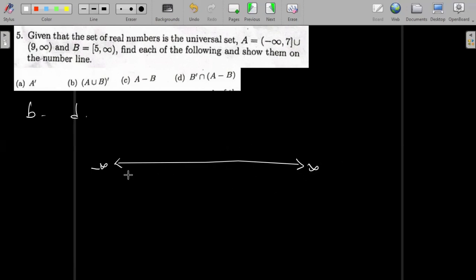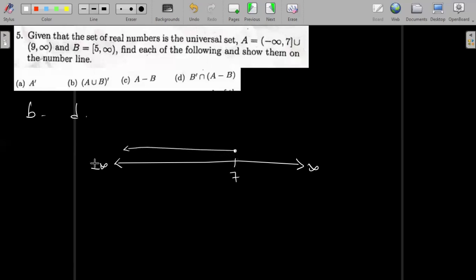Then our set A is from negative infinity up to 7. Let's say our 7 is here, and it is closed at 7. It goes from negative infinity like that up to 7.